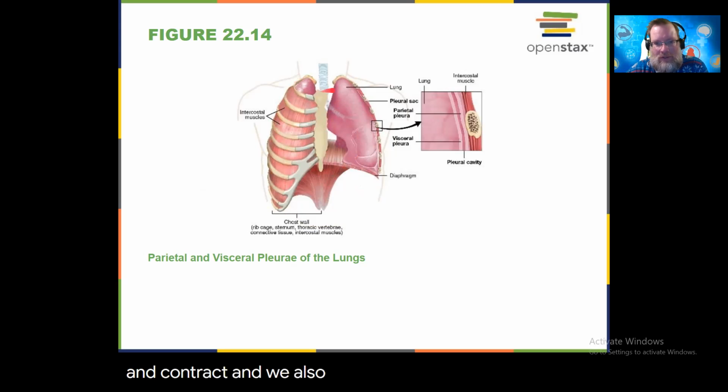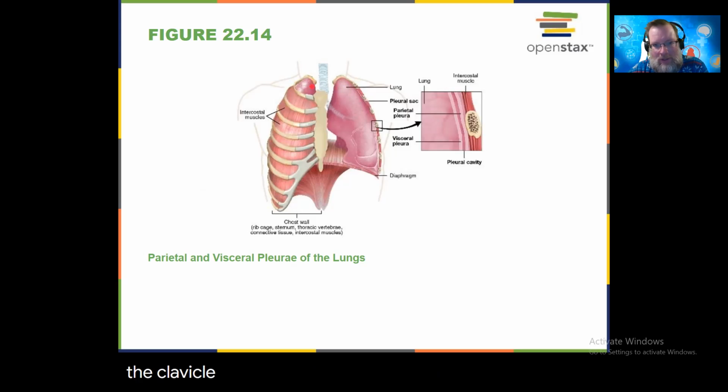And we also notice, look at this, the apex or the peak of the lung. Look how high up that is. That goes above the clavicle. They don't show it, but you can see the sternum here. The clavicle kind of comes over here. So that first rib kind of dips underneath the clavicle.